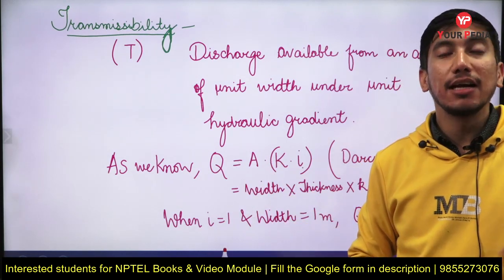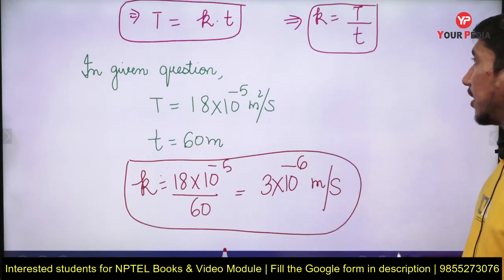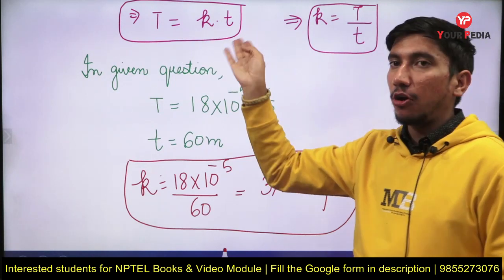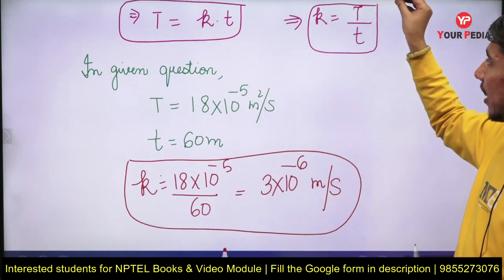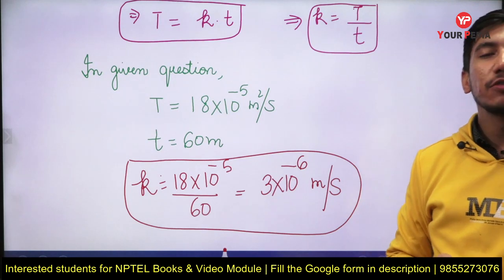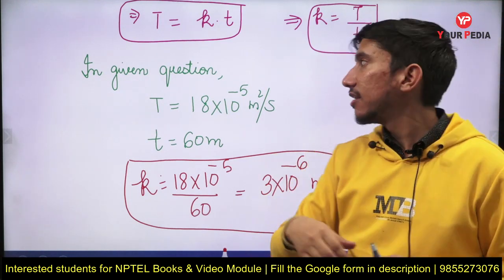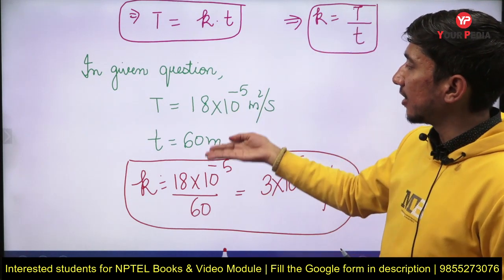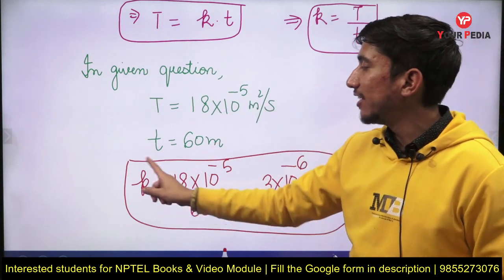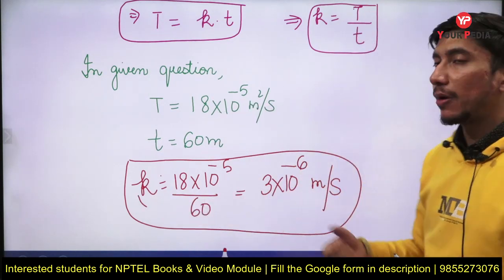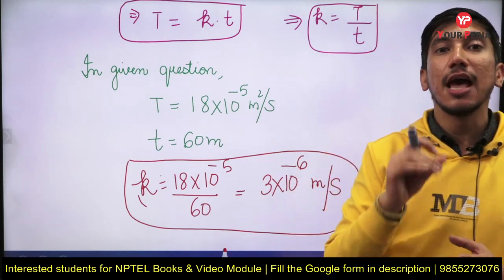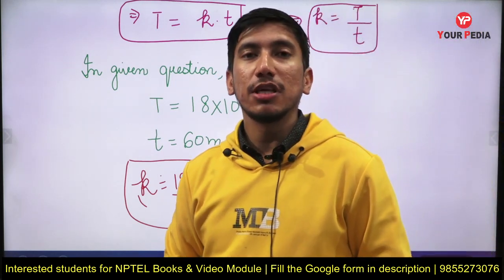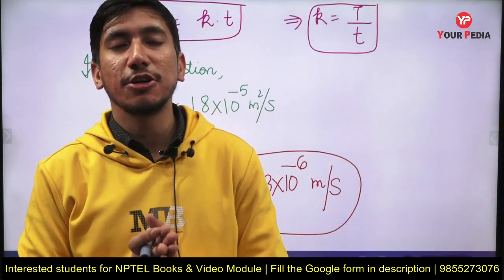Q becomes T, transmissibility. So T will be equal to K into t, or we can say that K is equal to capital T upon small t, which is transmissibility upon thickness. So putting the values here, I get the value of K as 3 into 10 raised to power minus 6 meter per second.